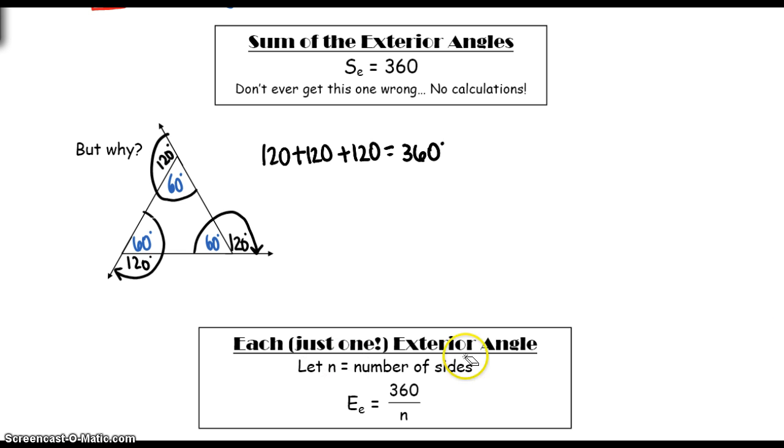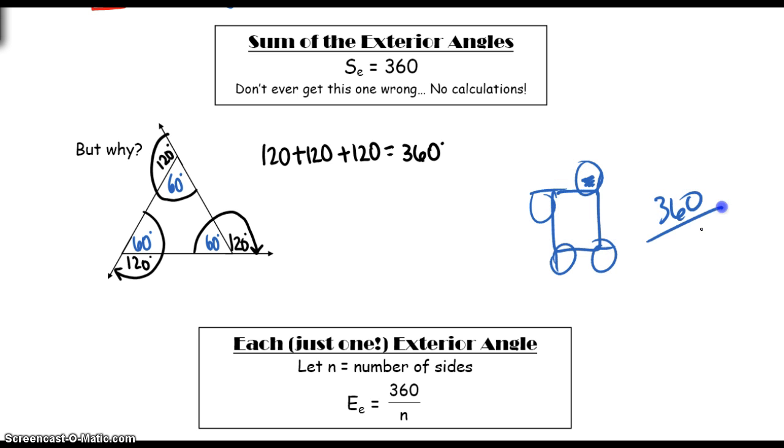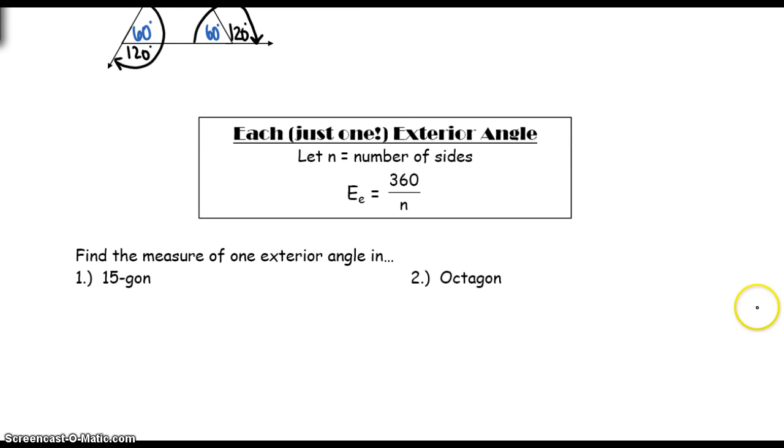Well, let's think about this, though. If I just want one exterior angle, you know, if I have this shape, and here are all my exterior angles, right? And I just want this one. Well, wouldn't I just take 360, which is what all of them are, right? And wouldn't I just divide it by the number of angles or sides that there are? So if I just want one of them, I just divide it. Where this is coming from, it's basically the sum of all your exterior angles divided by n.